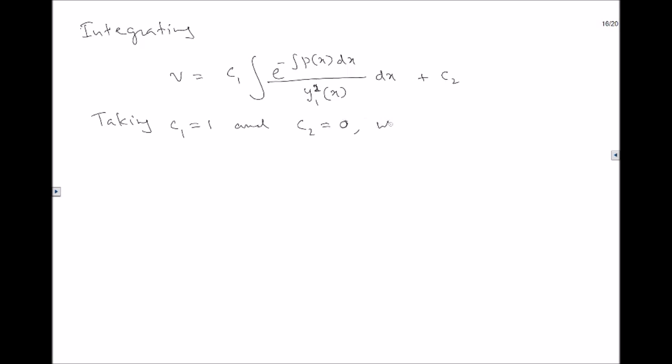We have the second solution, y2 of x, which is simply y1 times v, but we have a formula for v now, so we can plug in. So you're going to get y1 times the integral of e to the negative integral of px dx over y1 squared dx. So that's the formula. That's the proof of the reduction of order formula.